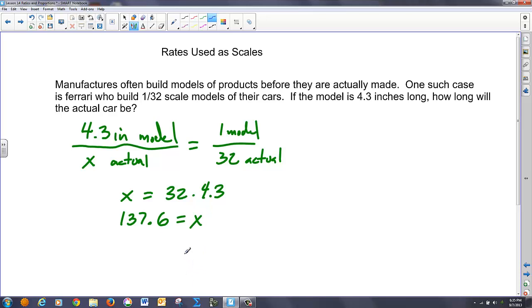So if I have 137 inches, we know this is inches. If I want to know how many feet that car is in length, I could take and divide that by 12. Doesn't ask me to, but I will for kicks. This will give me the number of feet. So the car is roughly 11.46 feet. Which isn't very big, so it's a tiny guy.